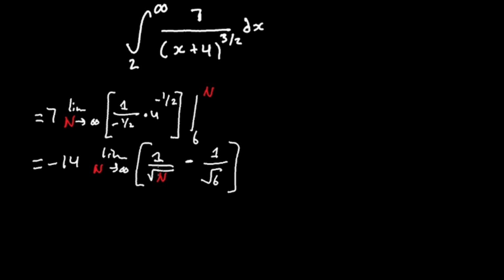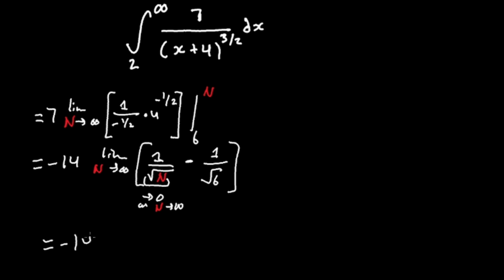We're doing 1 over square root of n. So 1 over something that's going to infinity is going to go to 0. So this is going to go to 0 as n goes to infinity. So we can just cross that guy out.